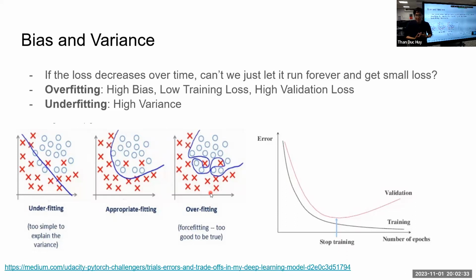So what does overfit mean? Overfit is high bias. The bias is, in this case, biased towards the 2 x's inside. In the middle, it takes into account all the x's and o's, but on the right, with overfitting, the 2 x's in the middle of the o's have more leverage.